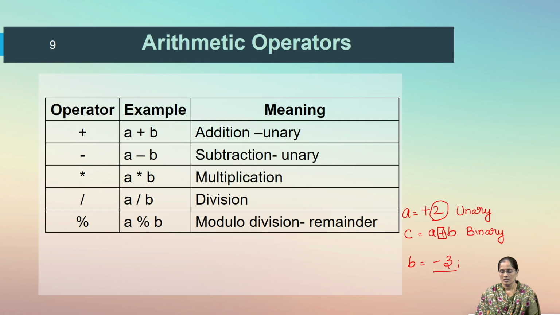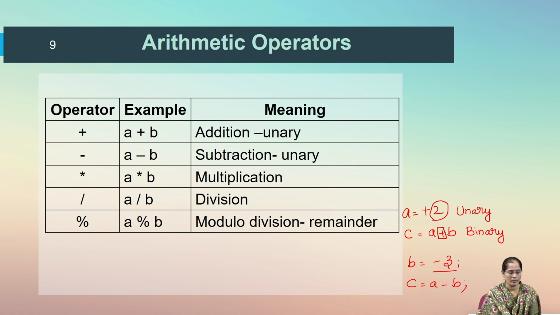Similarly, the minus operator can also be treated as a binary operator, whereas asterisk, division and modulo division operators, all three, can only be applied as binary operators, which mandatorily require two operands for operation.